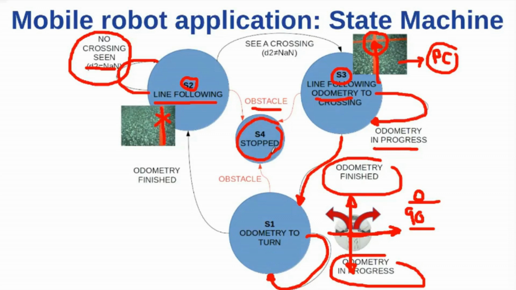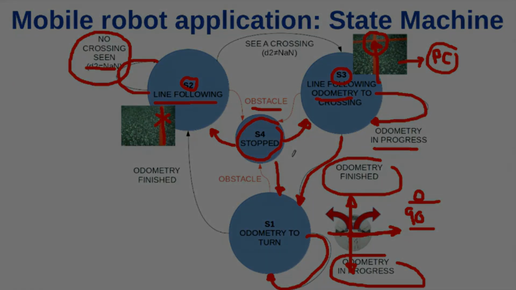Well, an evolution of this state machine, as you can see here, when you reach state number 4, the robot is stopped, and then you cannot go back to the original state, right? So this is a basic application, but an evolution of this application should consider going back to the calling state, right? When the obstacle disappears, right? But we will not consider this.